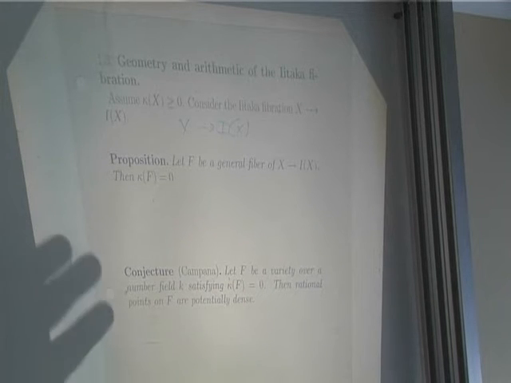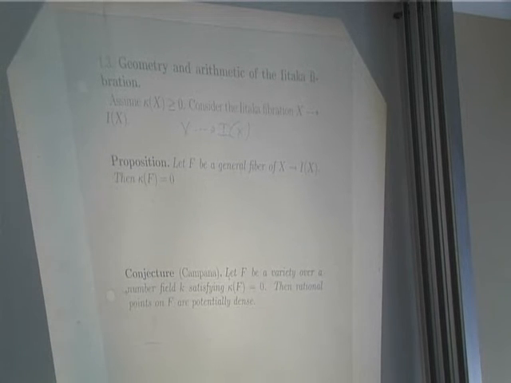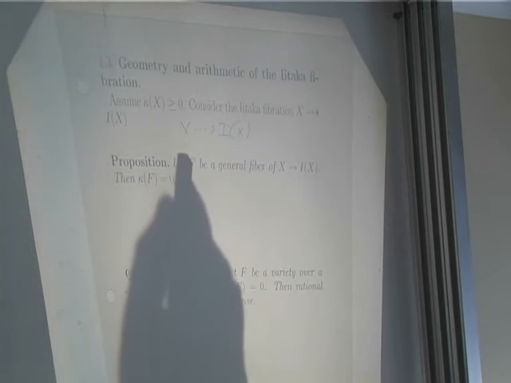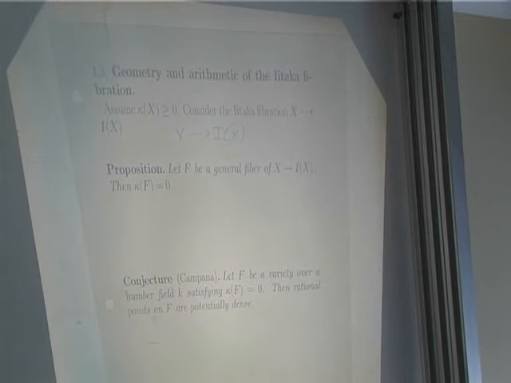Here's a conjecture of Campana, which says that, sorry, not on elliptic curves we have lots of rational points. So Campana looks at the fibers of the Iitaka fibration, namely those varieties which are of Kodaira dimension 0, and he conjectures that if F is a variety of Kodaira dimension 0, then rational points are potentially dense.